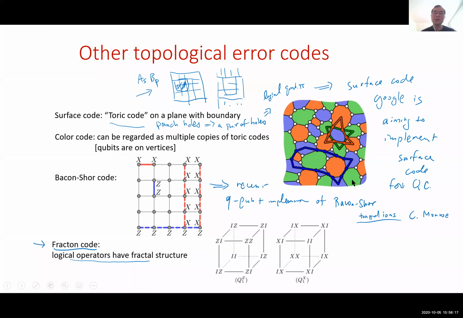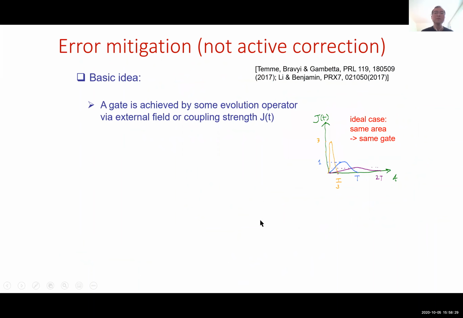That is actually a big achievement because they were able to encode so that after encoding the error is reduced. But in general, we still do not have an error correction that can be implemented together with quantum computation.